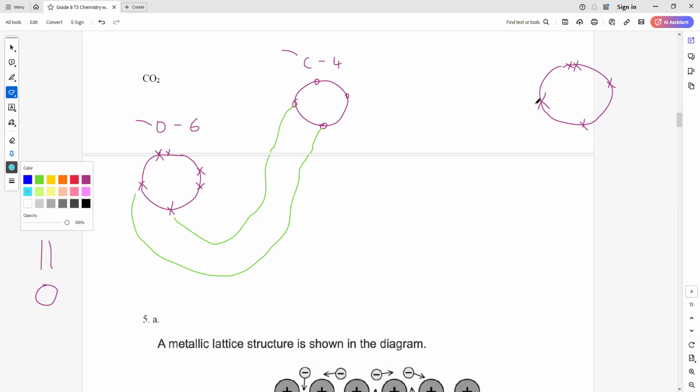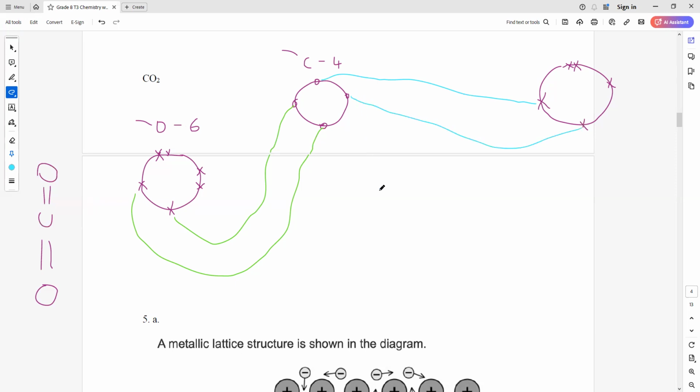Here this electron will be paired with this electron. This electron will be paired with this electron. So how can I draw this? I will just draw the carbon, the outermost shell of carbon here, and here. Let me use a different color so you can easily understand.